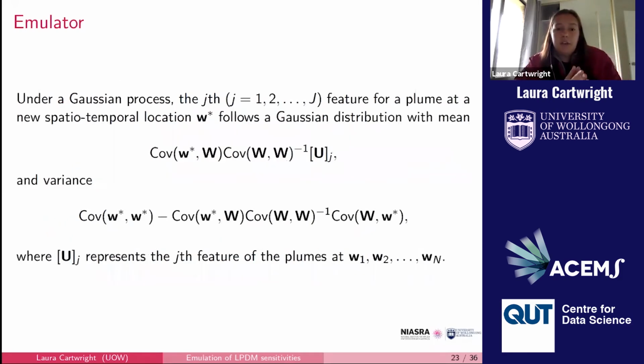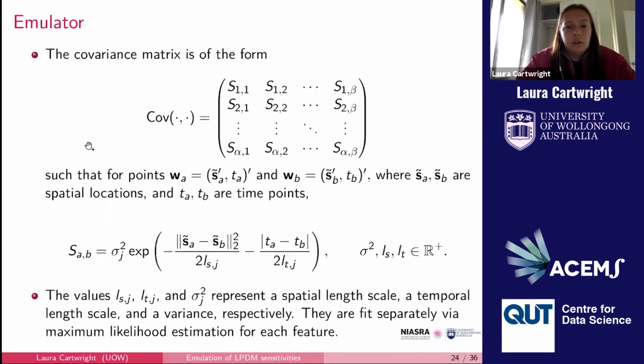So just quickly, under a Gaussian process, if I'm trying to model the jth feature for a plume at some new location W, that's going to follow a Gaussian distribution with the following mean and variance, where this u_j in the square brackets represents the jth feature of the plumes at each of those known locations that I have. And our covariance matrix is just a squared exponential, but we gave it a spatial and a temporal component.